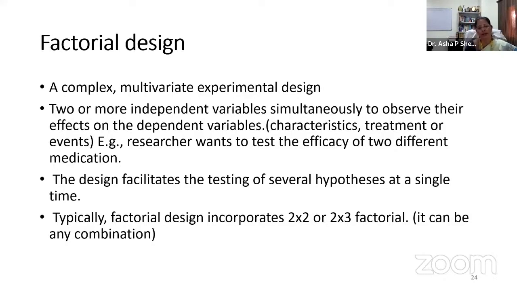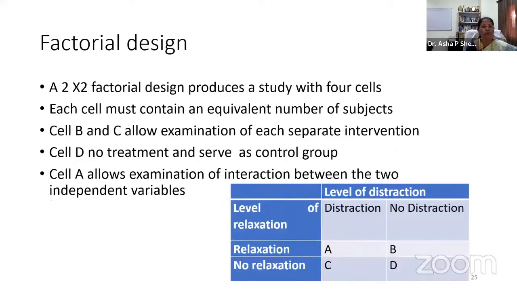That is what can be studied in this factorial design. Usually the factorial design will have 2 into 2 or 2 into 3 factorial. For example, a 2 into 2 factorial design will have 4 cells, and each cell must have an equal number of participants.